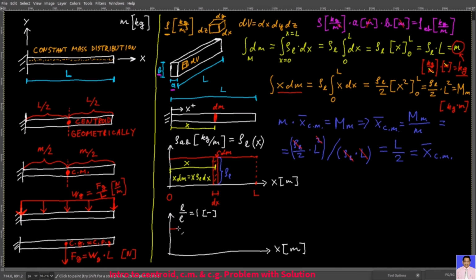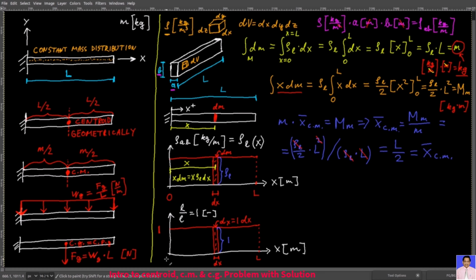It means that you have a horizontal line at 1. You can define a differential length element here. This is dx, this is 1, so the differential area here is dx, which is 1 times dx. So this differential area is your differential length element.